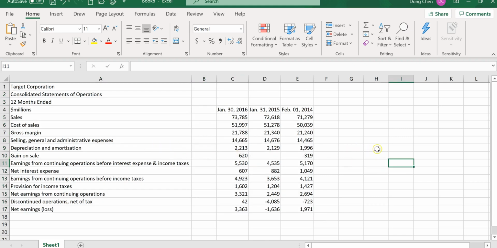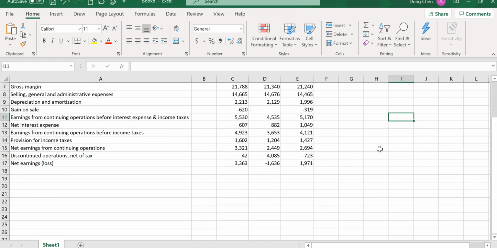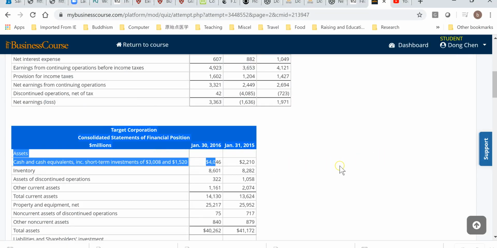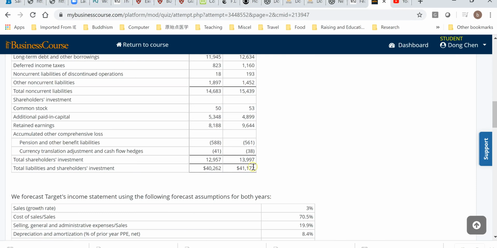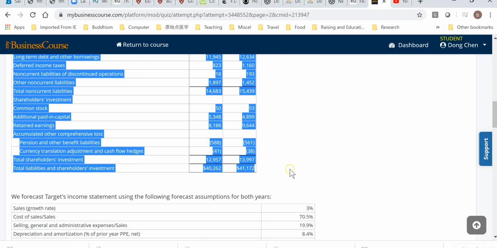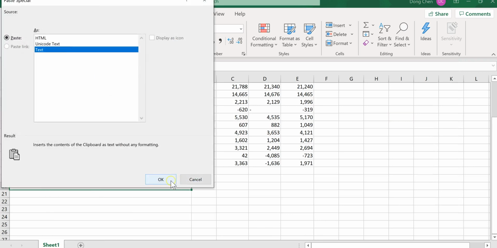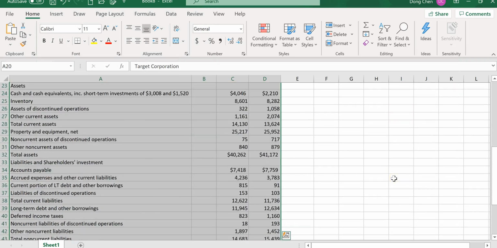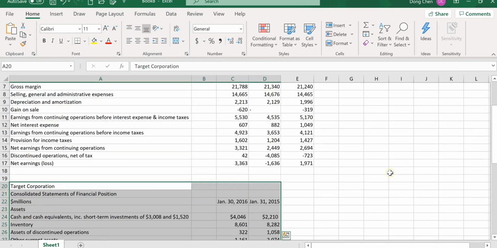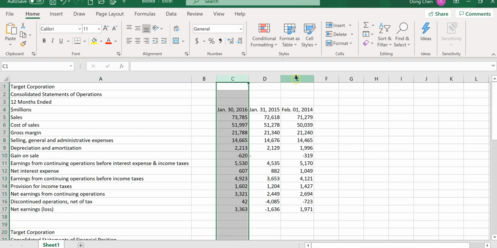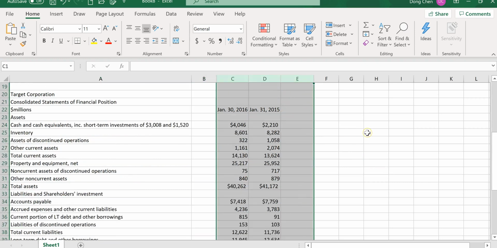So this is the income statement, and for the balance sheet, you can also do a similar copy. So this is copying numbers. We can leave ample space for that.